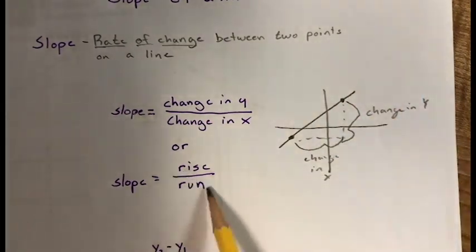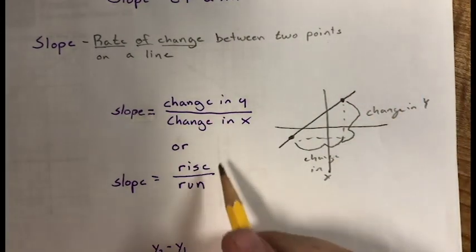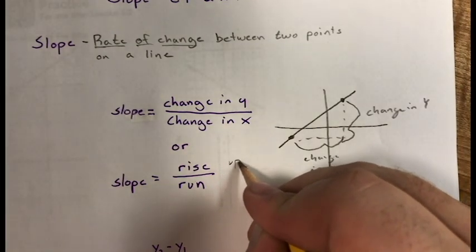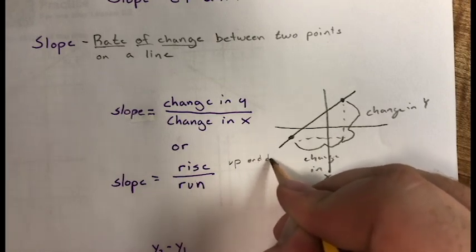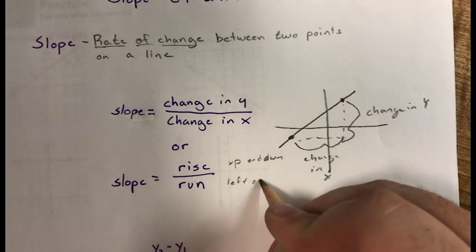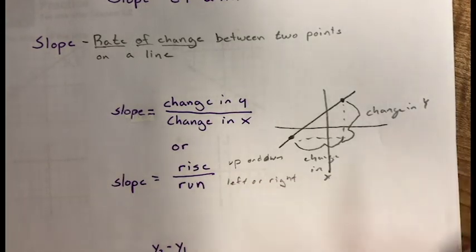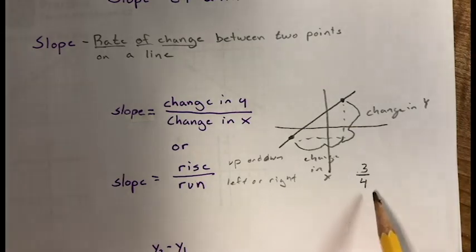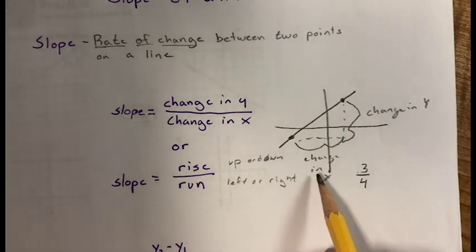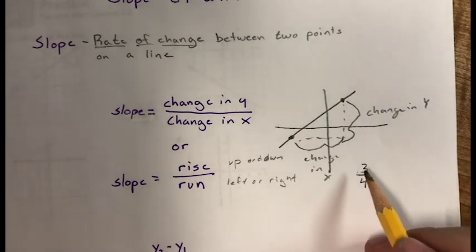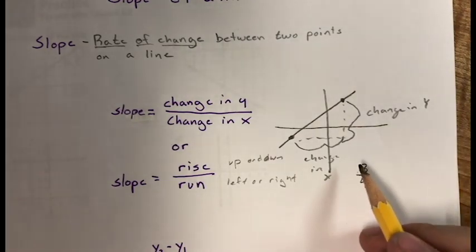Now here's the thing about rise and run. My rise can either be up or down, and my run can be left or right. So for instance, if I gave you a number such as 3/4, and this represented my slope, it changed 3 in my y, and it changed 4 in my x. Would you think I would be going up or down by this 3?